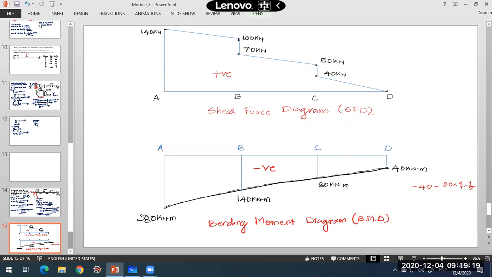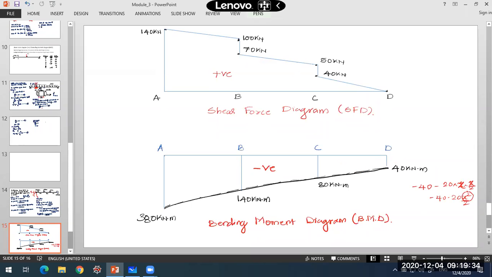If you take an interval of x meters, then it will be x into x by 2, or for this beam, minus 20 into x square by 2 between C and D, the variation of bending moment.